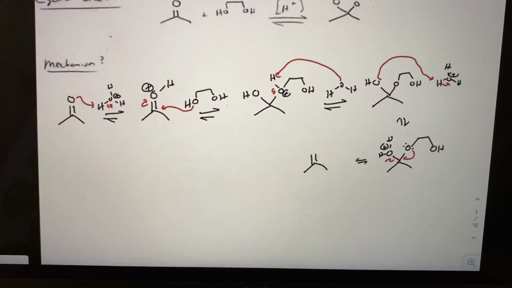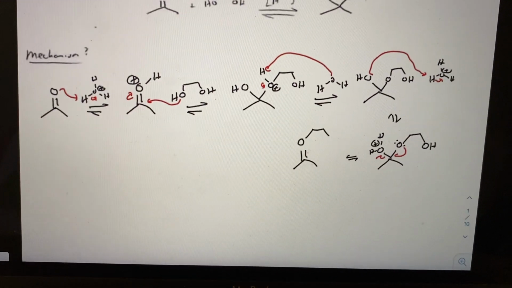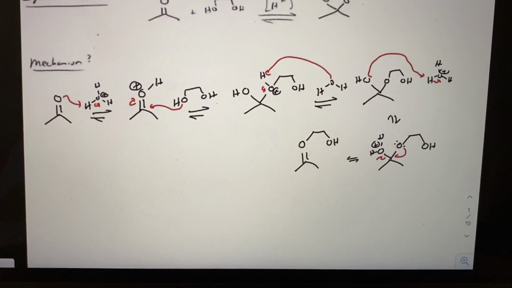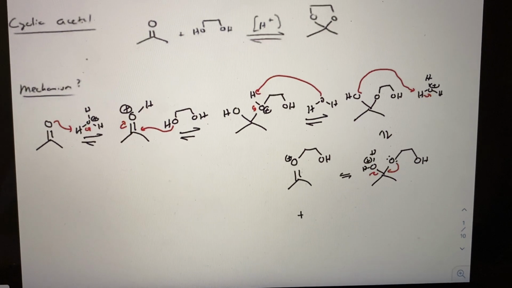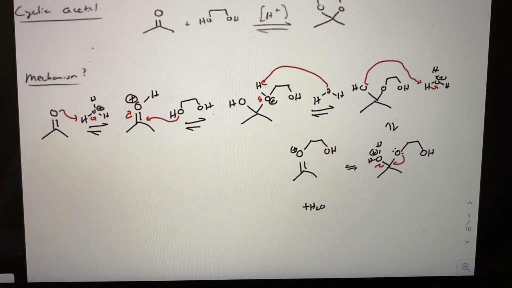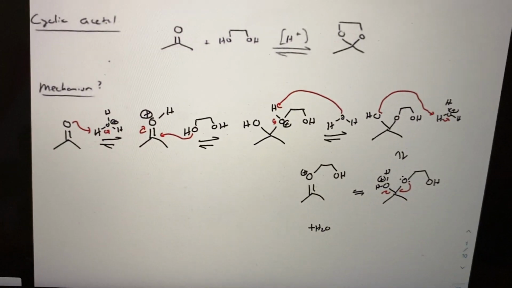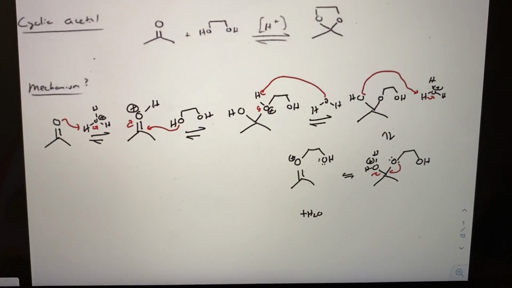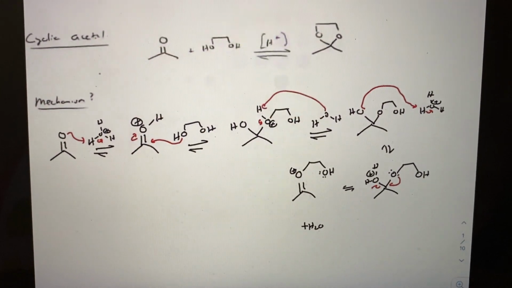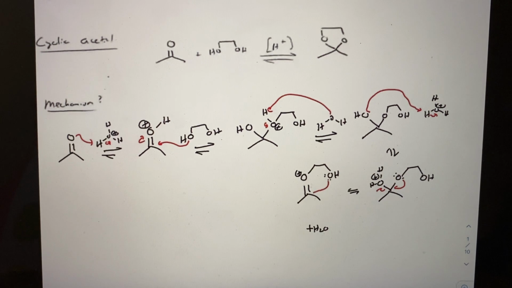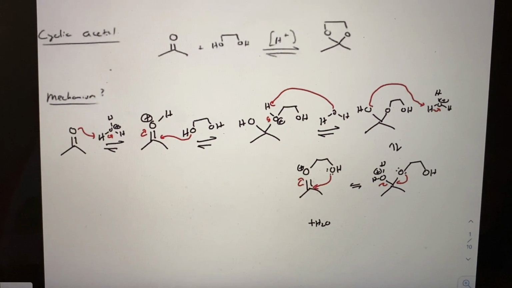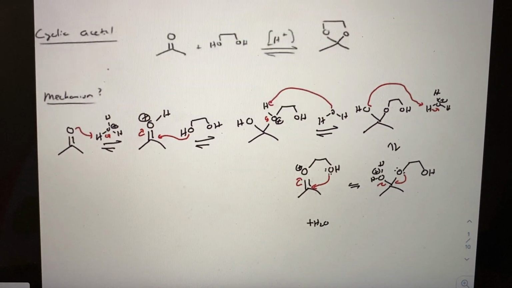Reforming our carbonyl group. We have here. Now we have this hydroxyl group attached that's nearby. It can act as a nucleophile, attack the carbon, and move the electrons up onto the oxygen.